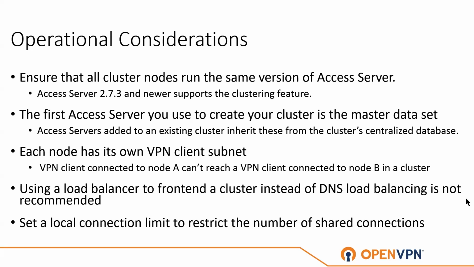Our response is that no, that's not recommended, because while these load balancers may be very good at load balancing web sessions, they don't fare as well with OpenVPN connections, and you also get forced to using TCP. So we recommend using DNS.